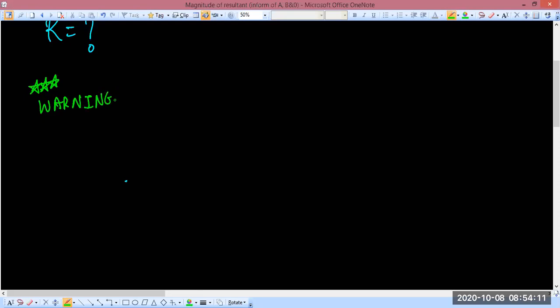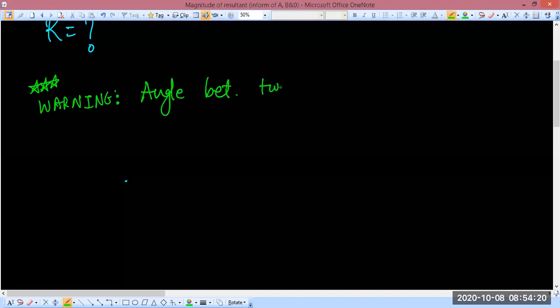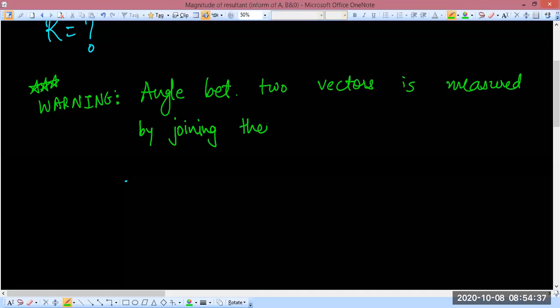So have a look at this. But first, let me have you write a warning, because many people make mistakes in this. Okay, here's the warning, people, write it down: angle between two vectors is measured by joining their tails.